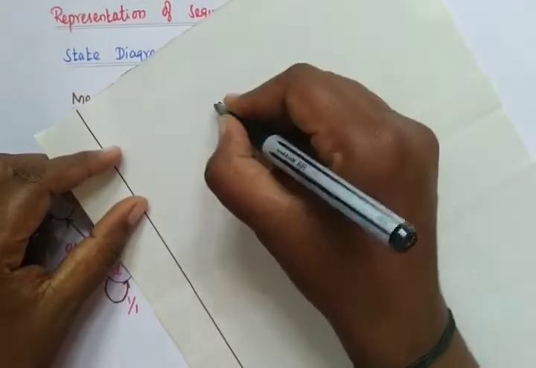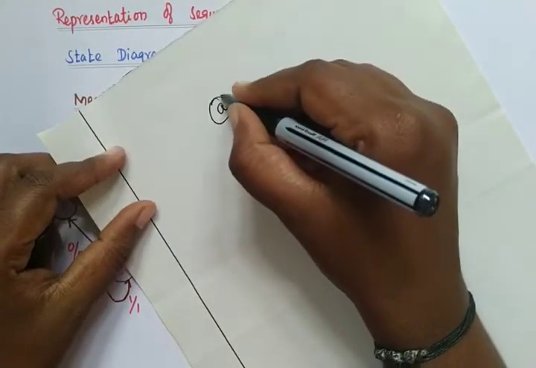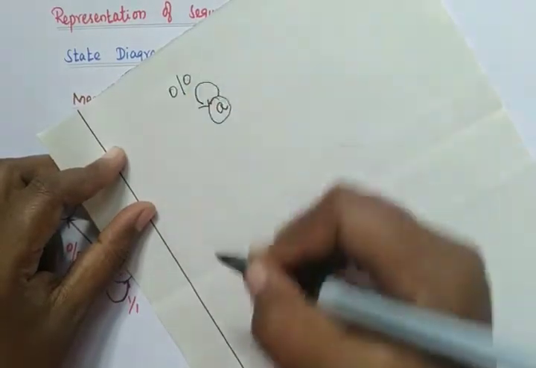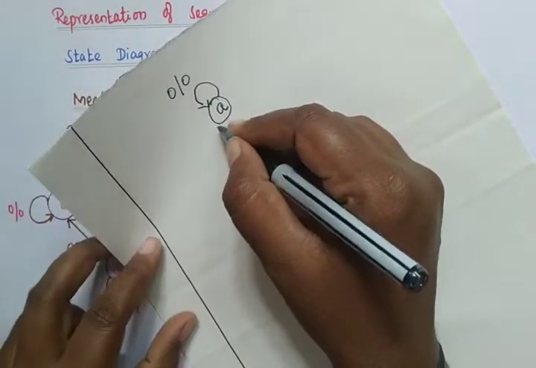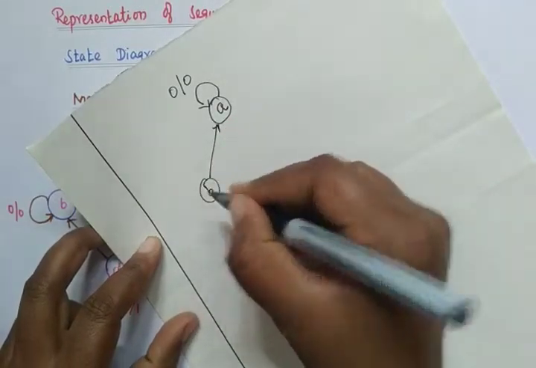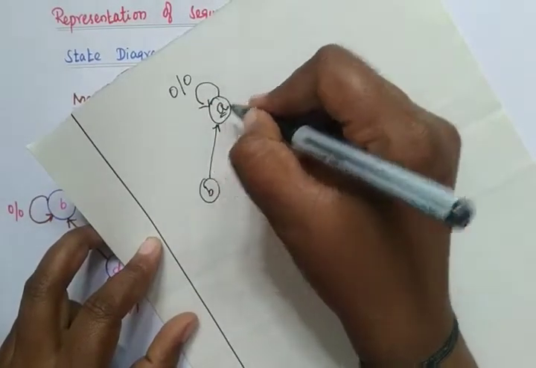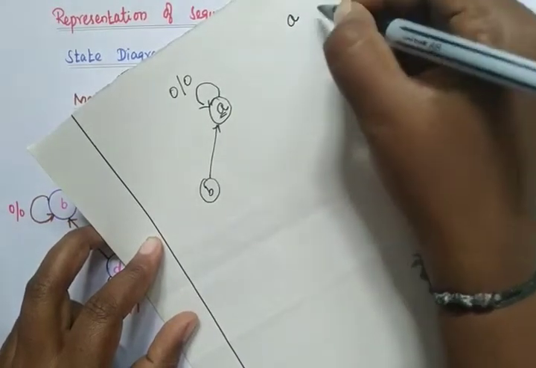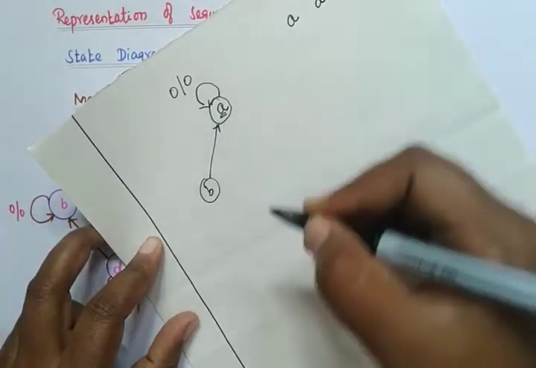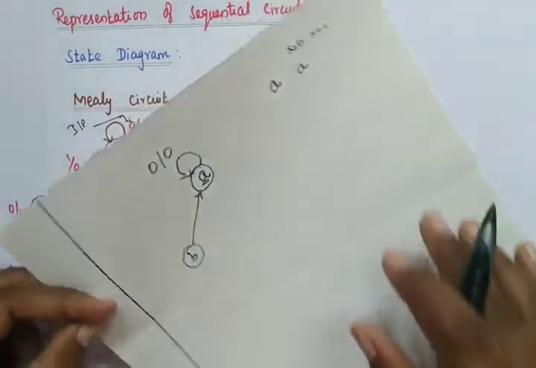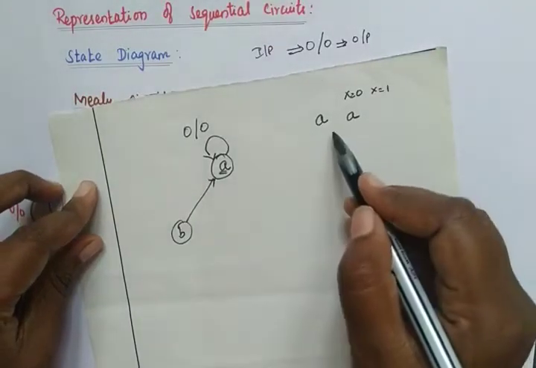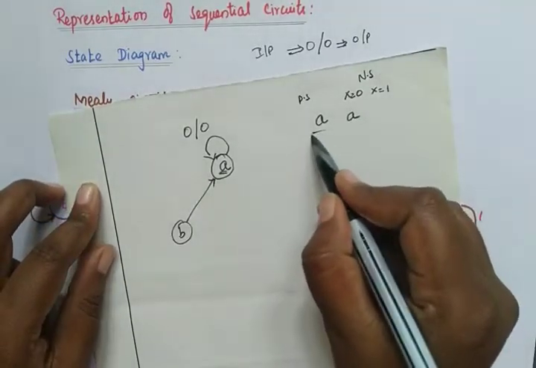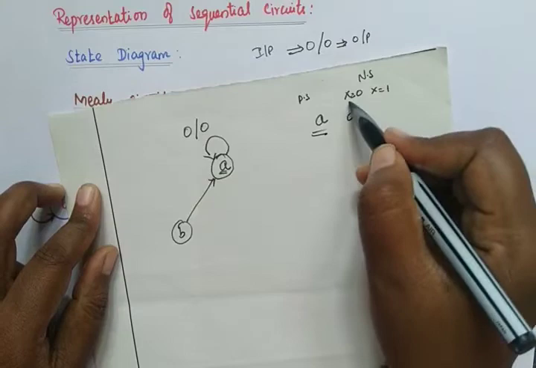If A is our state and our present input is 0, the output is 0, and it will remain in the same state A. This is the present state and this represents the next state.